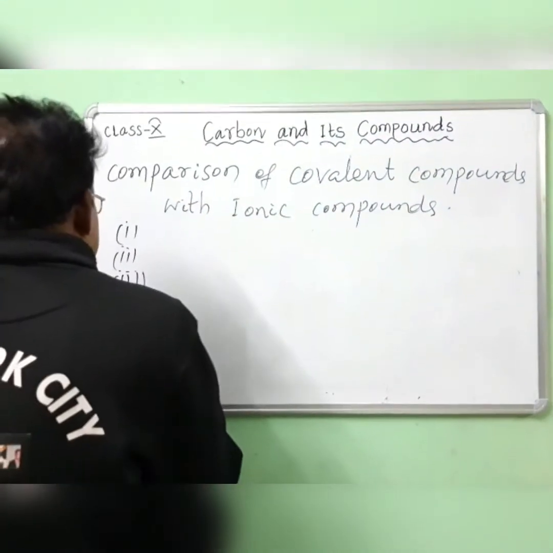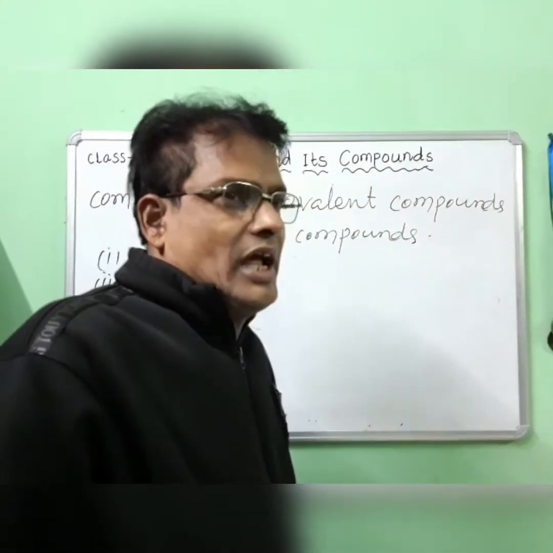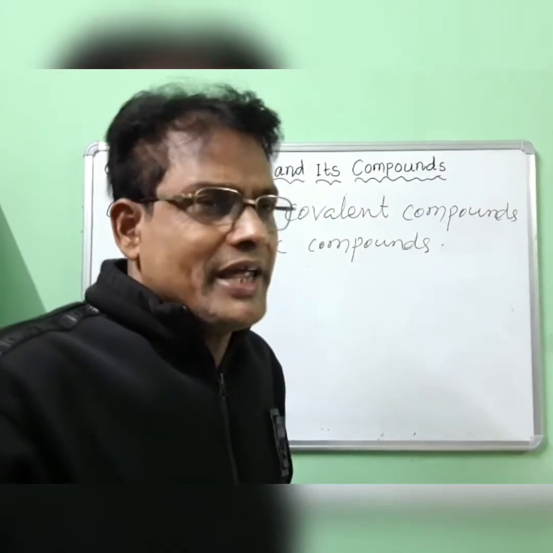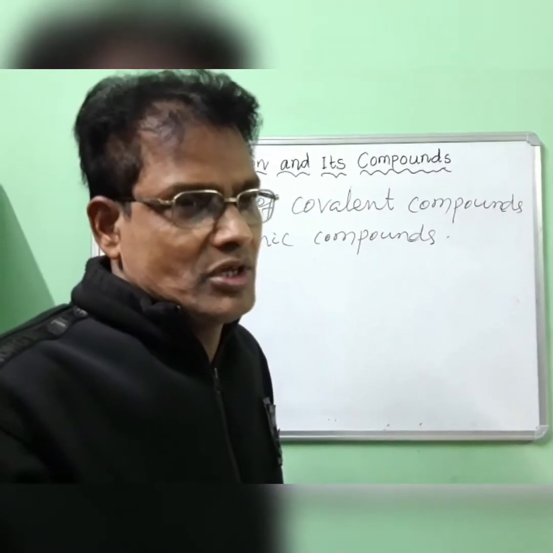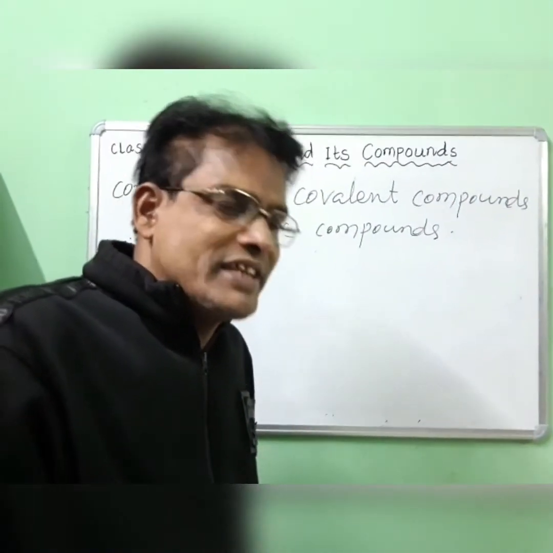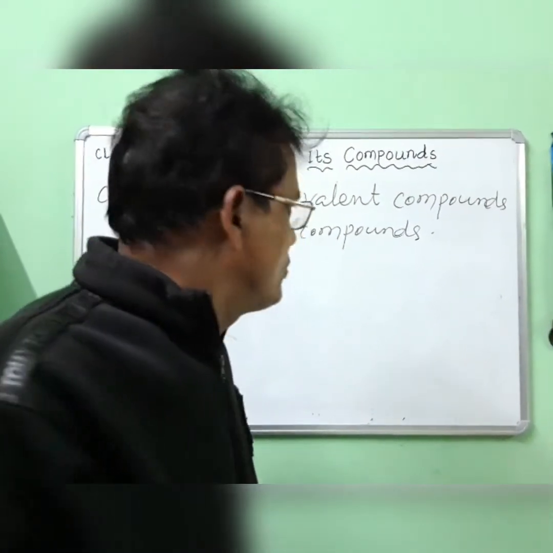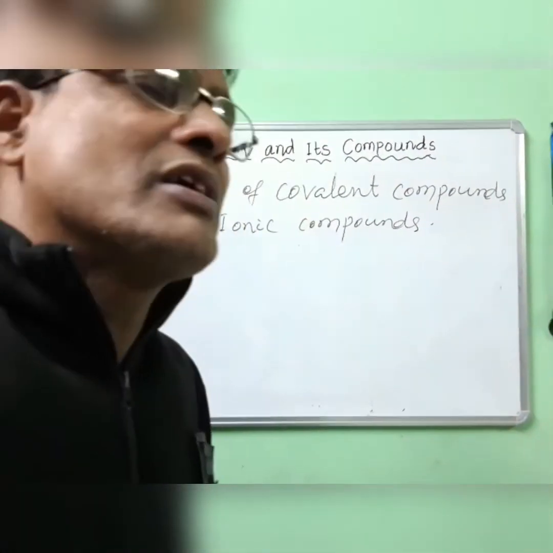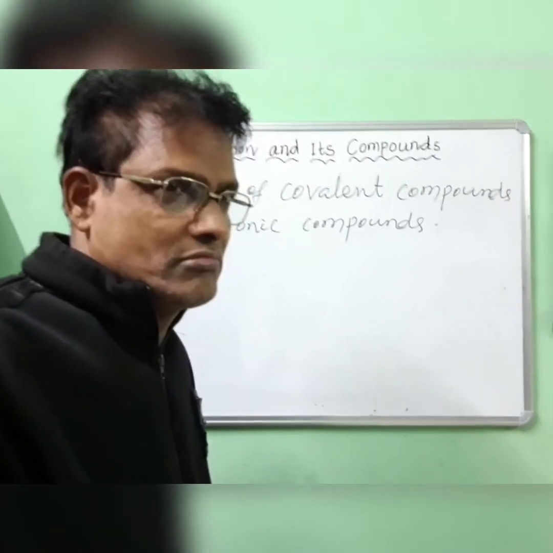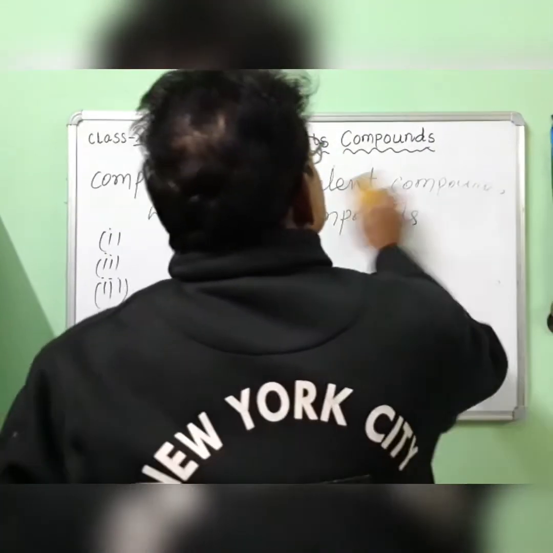Next, fourth one is, covalent compounds are formed by sharing of electrons, whereas ionic compounds are formed by losing or gaining of electrons. Okay. So these are the comparison of covalent compounds with ionic compounds.